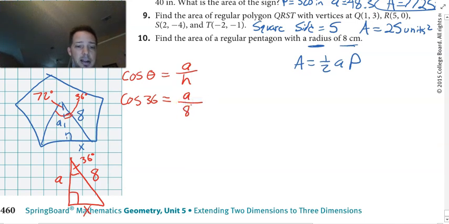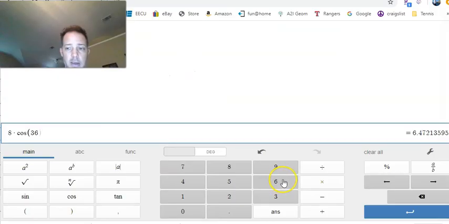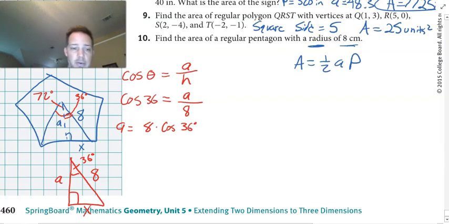So multiply both sides by 8, and you get 8 times cosine of 36. Plug that in our calculator, and we get about 6.47 for our answer on that one. So A equals about 6.47.